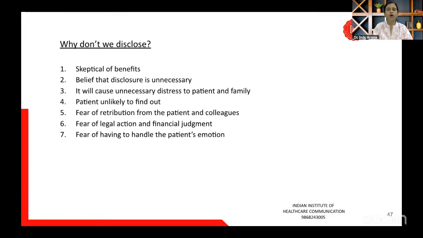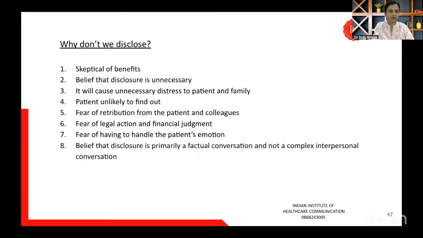You don't know how the patient or the family might react emotionally, and if we are not prepared to handle it and don't have back-end support, we are very scared. As I mentioned in the last class, when I took this session with doctors from Afghanistan, we covered this topic. They told me, ma'am, if we admit this, we are gone. There is no possibility of us coming out and saying that this has happened.